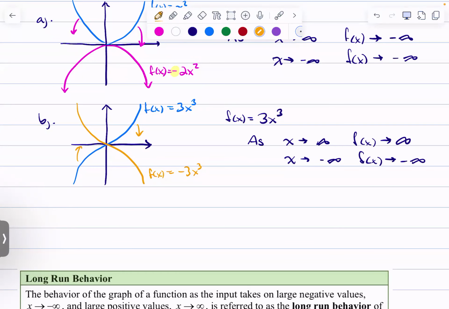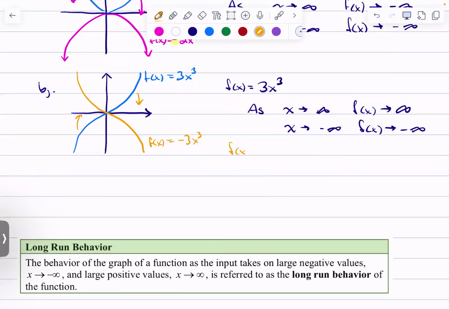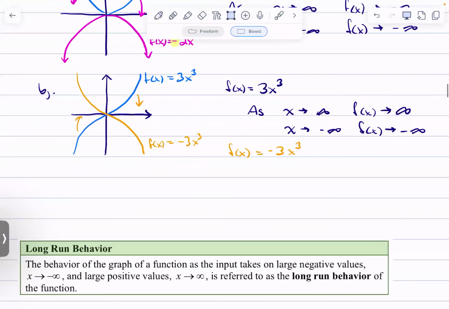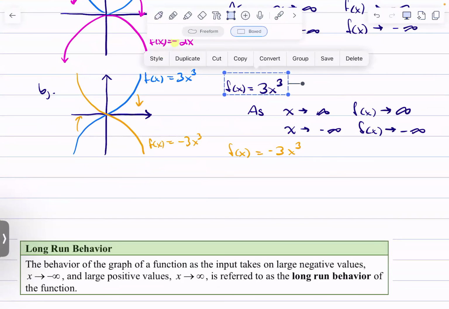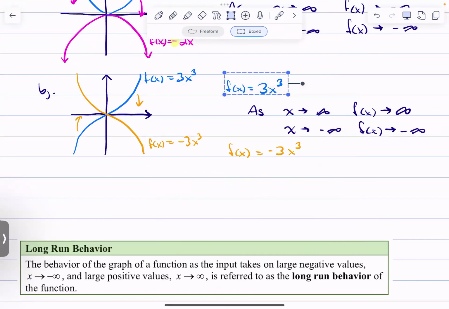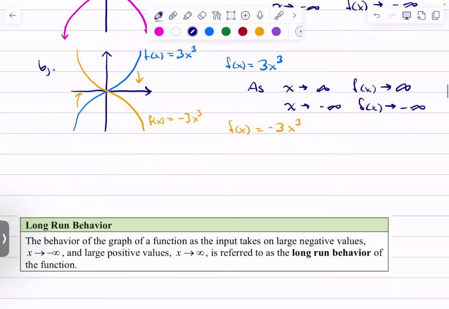As opposed to if f of x is negative 3x to the 3, then this thing would look like, and maybe I should color coordinate a little bit there.